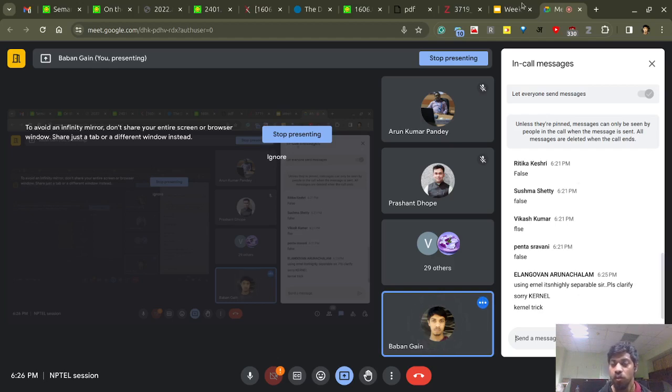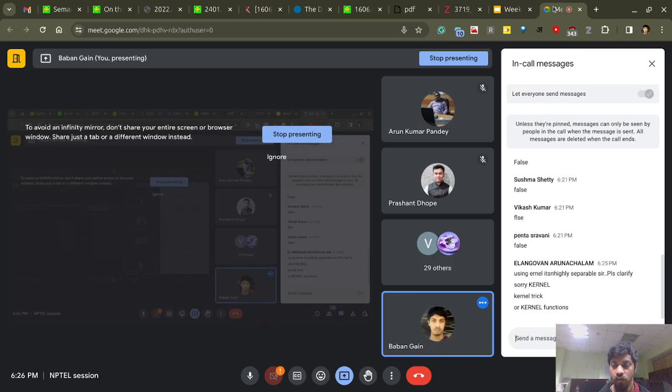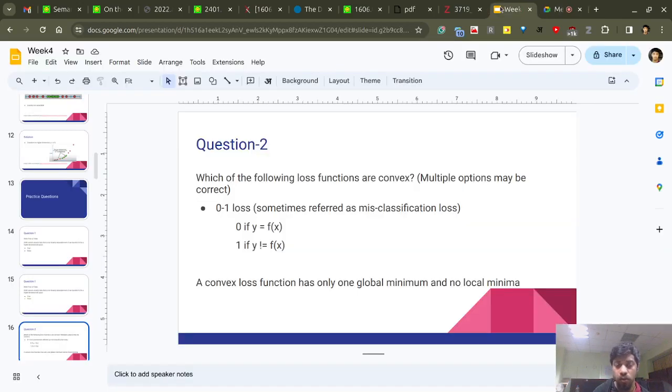So this question, what do you think should be the answer? Which of the following loss functions are convex? The first option is 0 1 loss. Is it convex or not convex? When we say a function is convex, it has one global minima and no local minima.